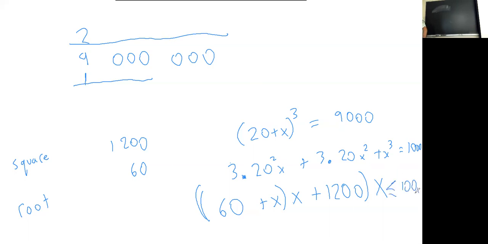Less than or equal to 1,000. Right, because of that 1,200 there, this has got to be 0 right here. Okay, and so then we subtract 0 from it, and so now we're dealing with 1,000,000.